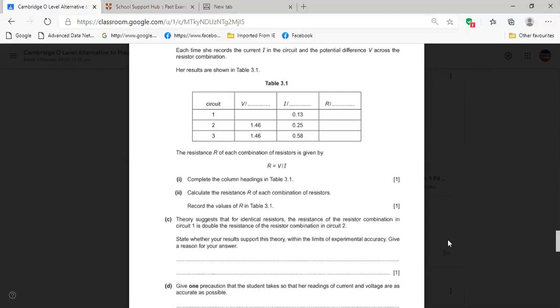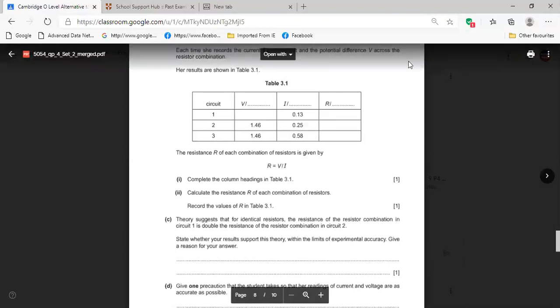Okay, very good. So you did the first part, yes, but the reason you did not write. Then Amjad, what did you write? Sir, I wrote that the results are close to each other. Yes, because the results are close to each other.